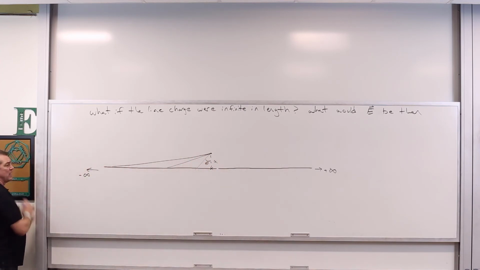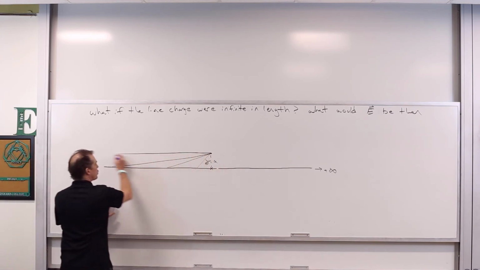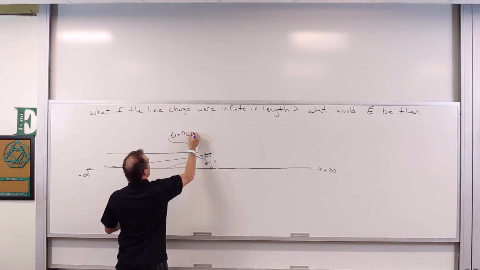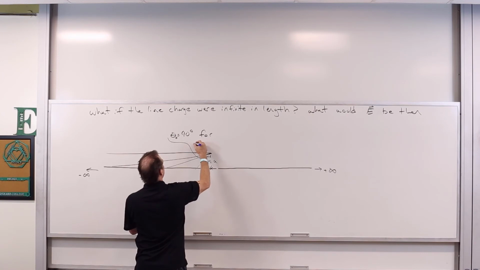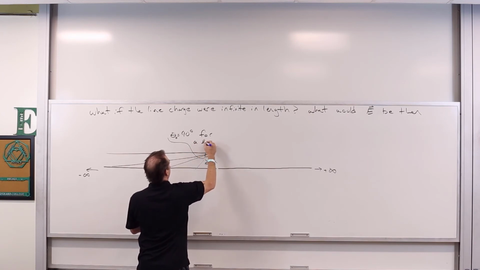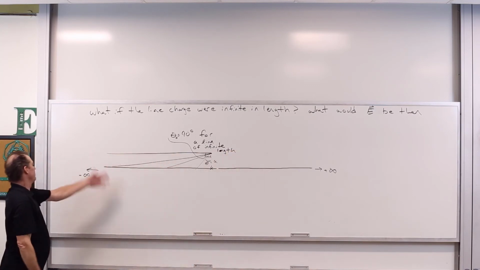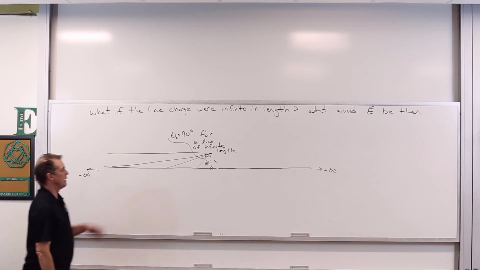What happens at the end of it? It's infinitely far away. What's the angle then? So theta sub 0 is equal to 90 degrees for a line of infinite length. It's infinitely far away and makes a 90-degree angle with respect to the end and that point.